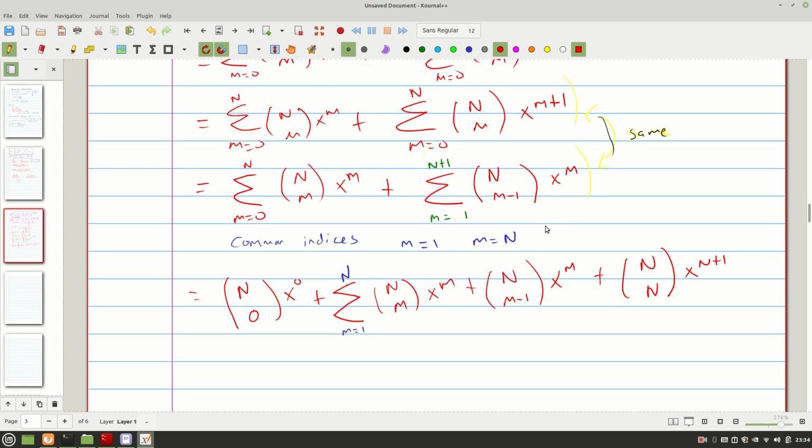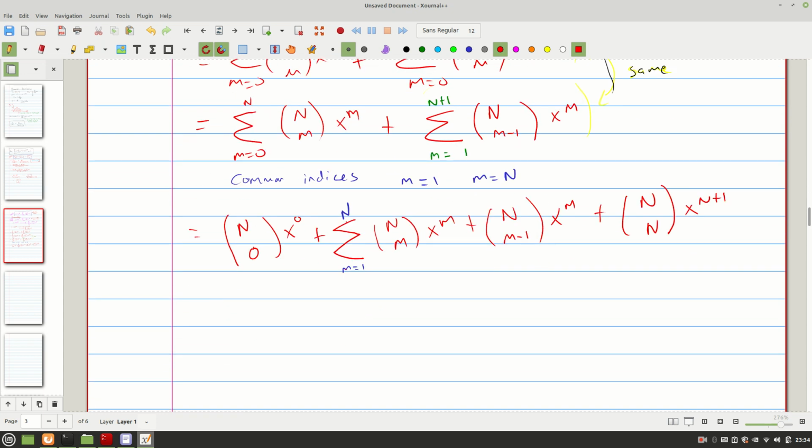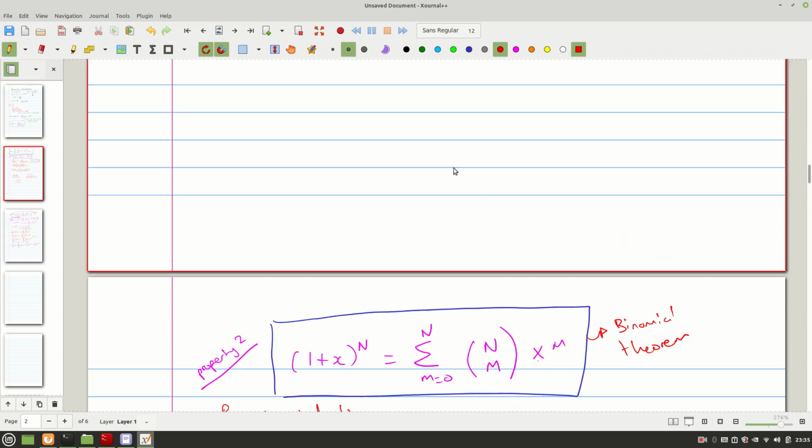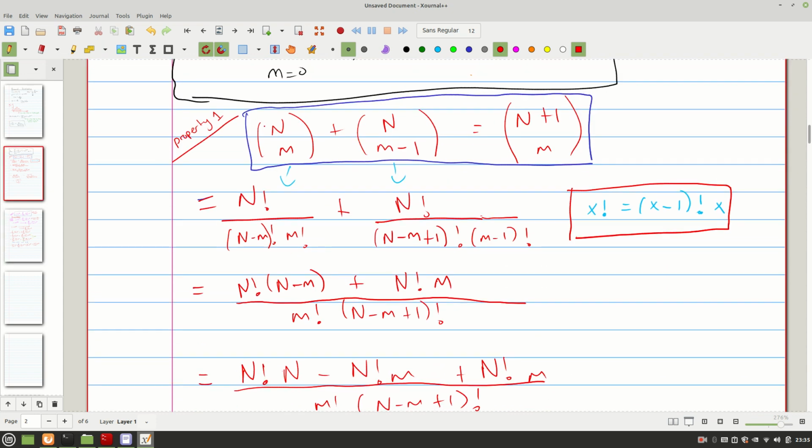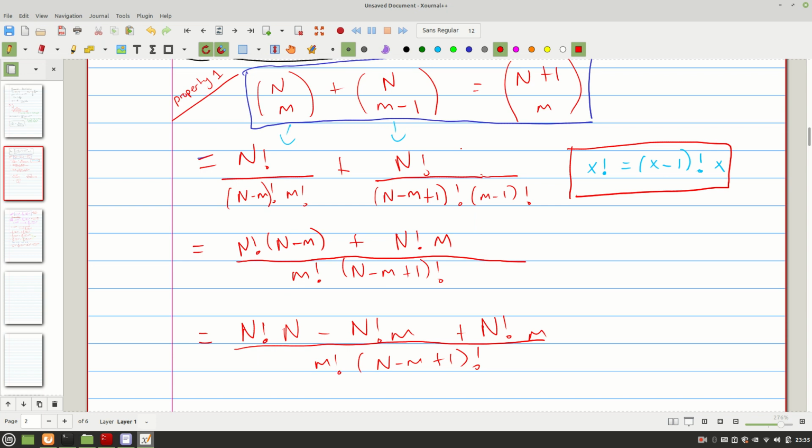Now that we have defined these two limits, the next thing we need to do is as follows. We know n choose m plus n choose m minus 1. Well, we've proven this property already here: n choose m plus n choose m minus 1 is n plus 1 choose m. So we can combine these two terms here.